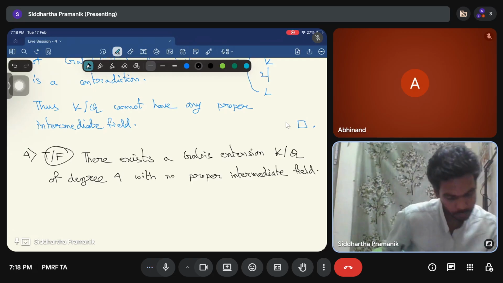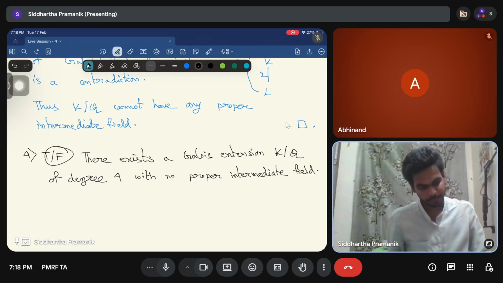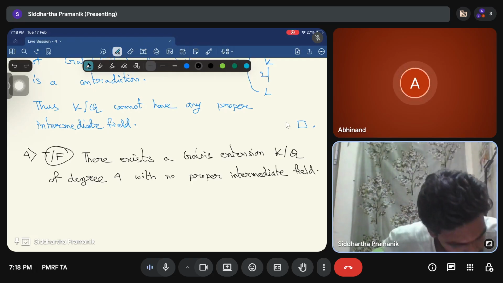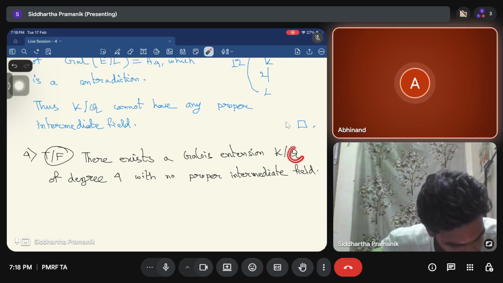So this is true or false. Here Q means the field of rational numbers.